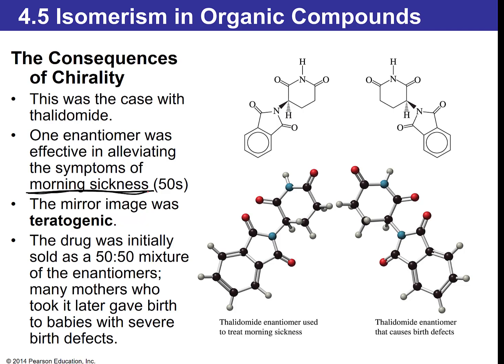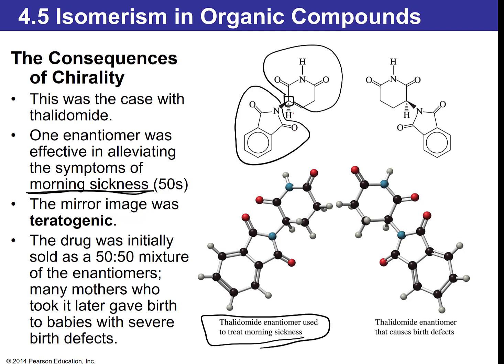And what they did is they isolated or they synthesized this drug called thalidomide. And thalidomide, see the structure above. Thalidomide has a chiral carbon right here. So one side has this weird looking group, one side has this weird looking group, and then there's the other one, and the hydrogen.